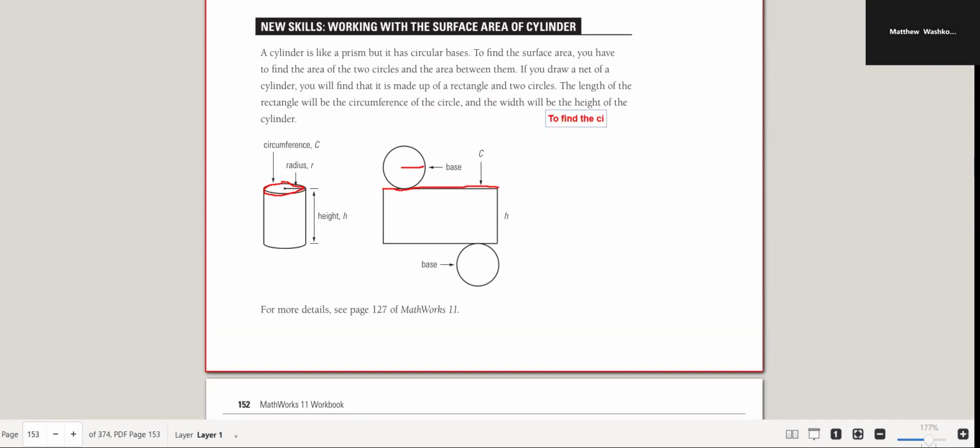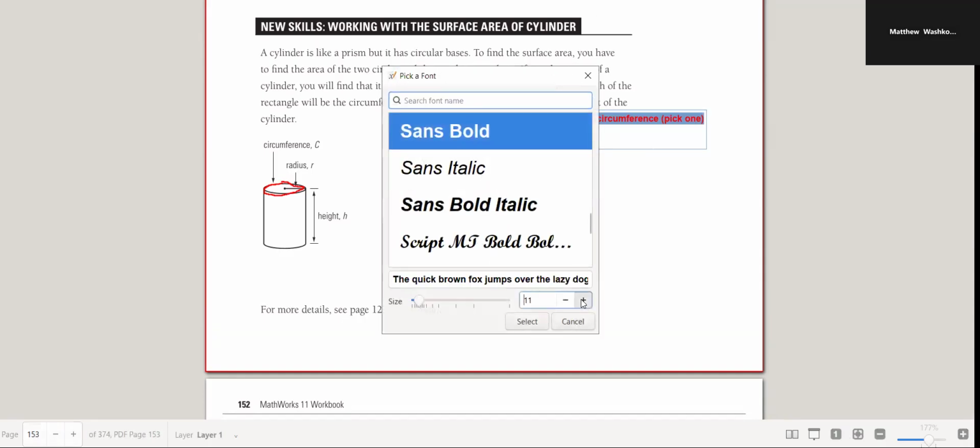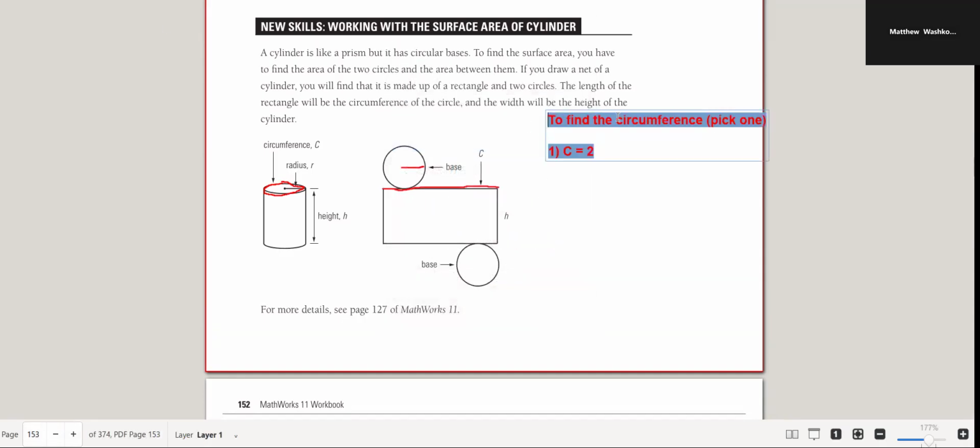To find the circumference, you have two options. Literally pick one. Your circumference, C, is equal to 2 times pi times r, times the radius.